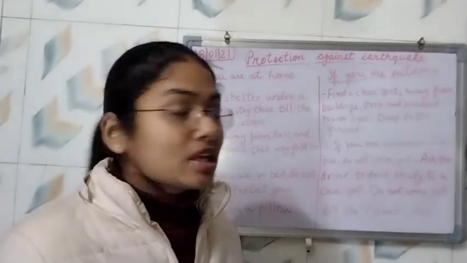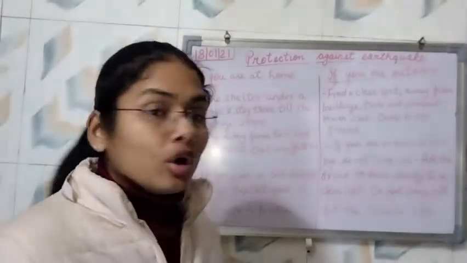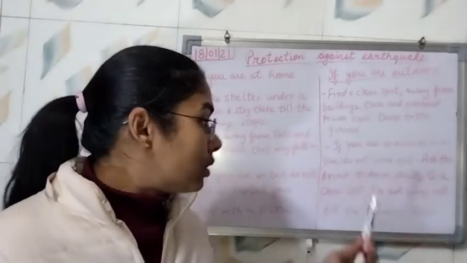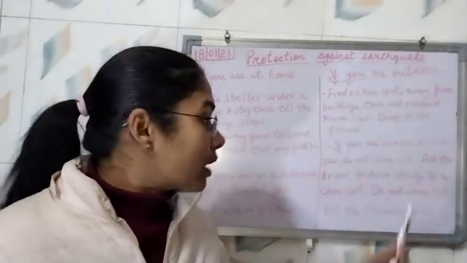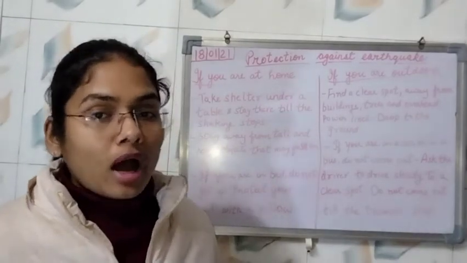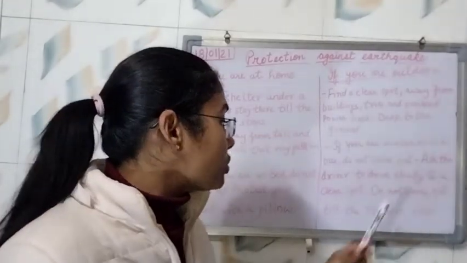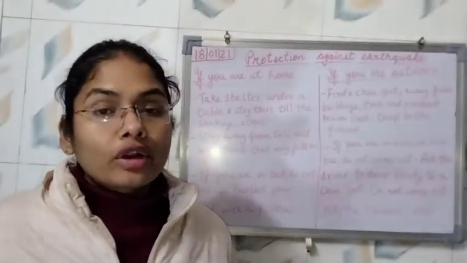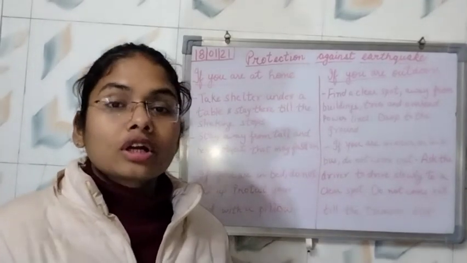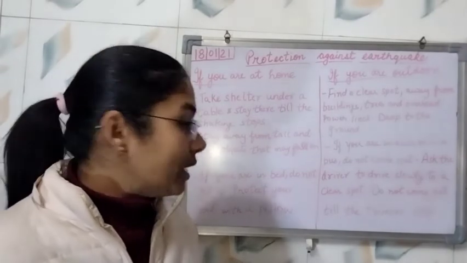The next is, if you are in a car or in a bus, you can close your car windows and stay there only. You need not come out of the car. Ask the driver to drive slowly to a clear spot, a place which is not surrounded by trees or buildings.